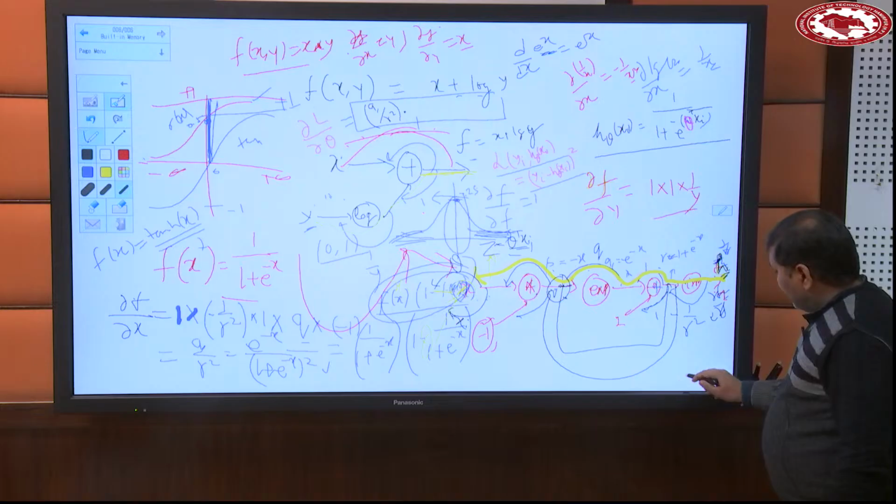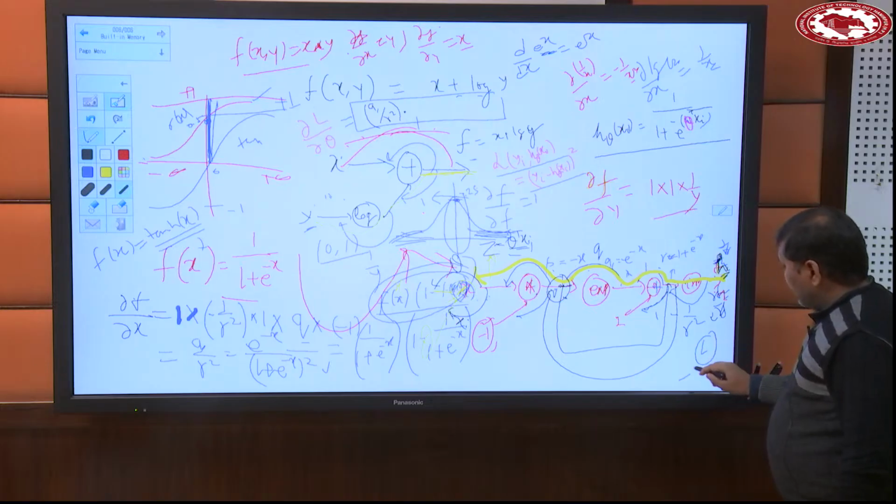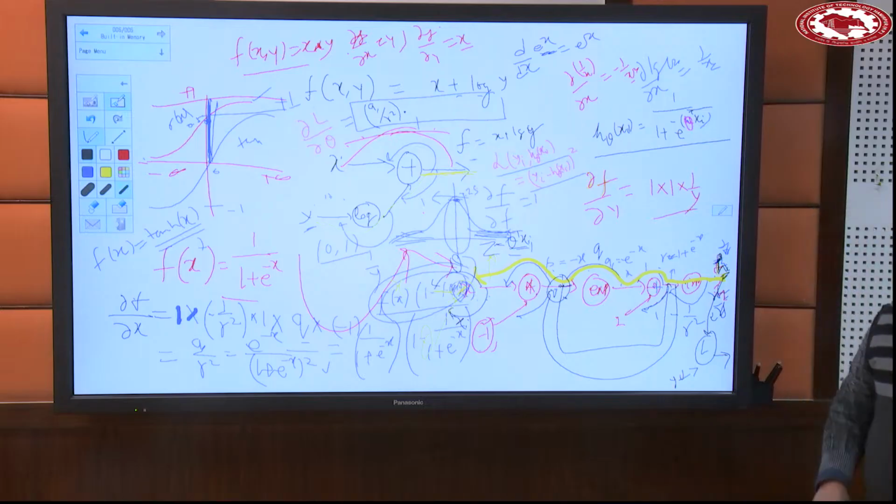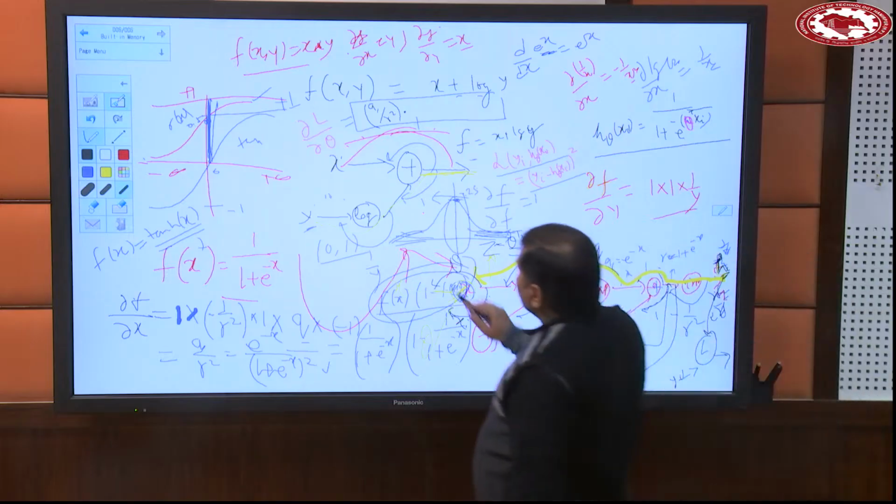Where you have this loss function, you put yi, you have h theta from here, and you get the output. And what is the basic gradient of this loss function with respect to h theta? It is minus 2 into yi minus h theta.